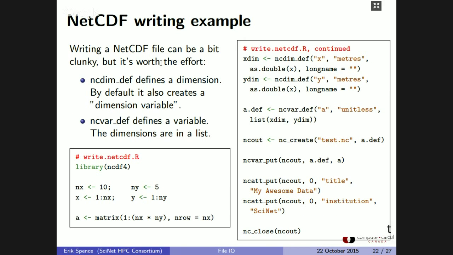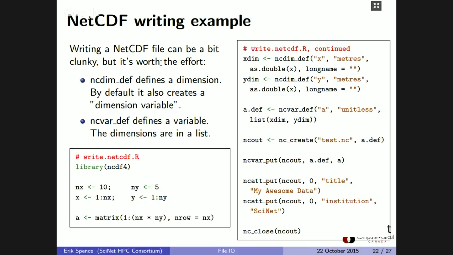This is how you write that file. You'll notice a lot more lines compared to the last one, right off the bat. Here's a script that creates that file you just saw. First, we load our ncdf4 library. Okay, here are our variables. First, I create 2 dimensions, x as 10, y as 5. Here's x and y, you've seen this before.